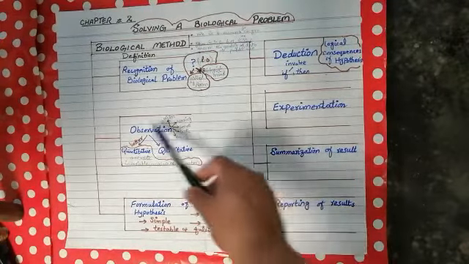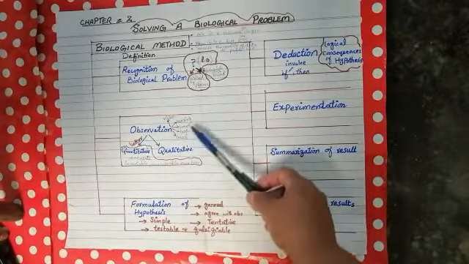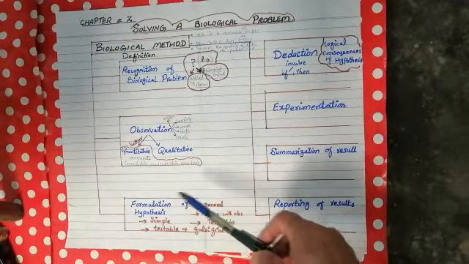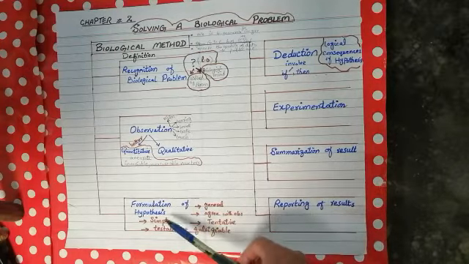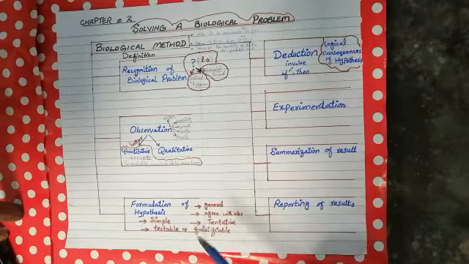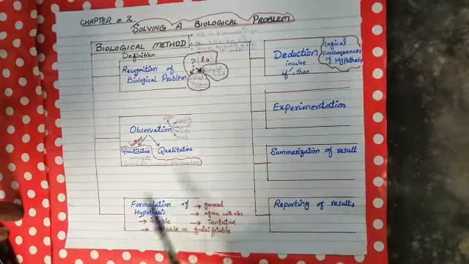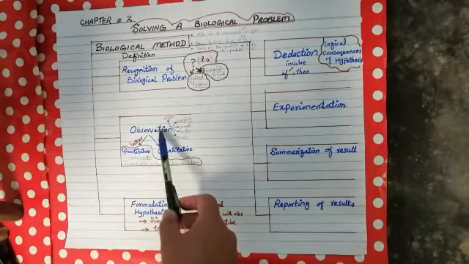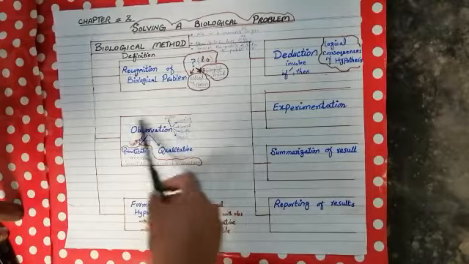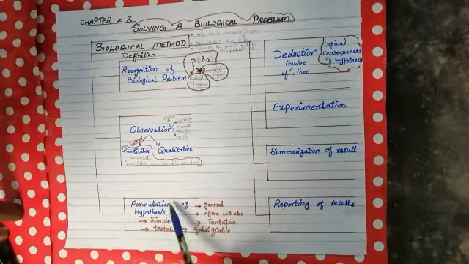When we collect observations for our problem, then we move to the next step, that is formulation of hypothesis. What is hypothesis? When we collect observations, that is our data, then we organize those observations and form a statement.